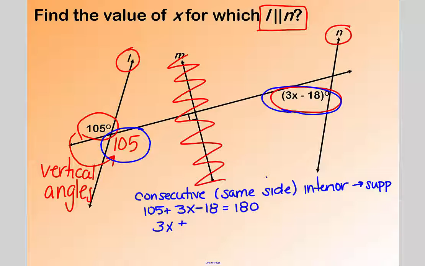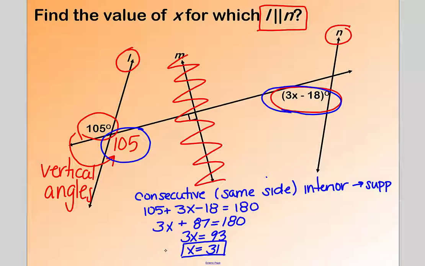I simplify that to get 3x plus 87 is equal to 180. 3x would then be equal to 93 because I subtract 87 from both sides, and I get x is equal to 31.